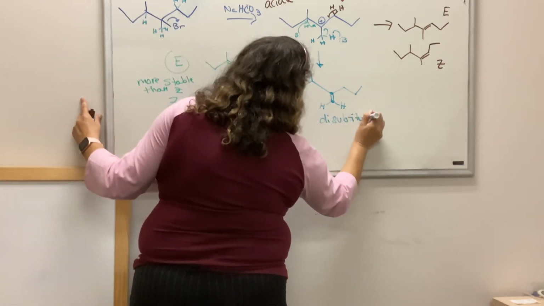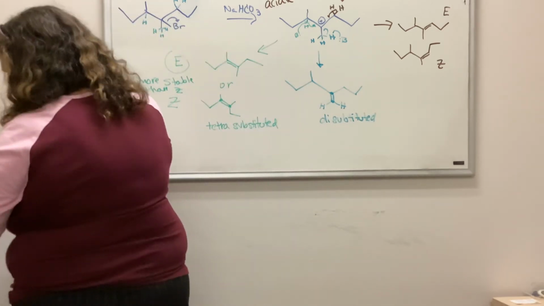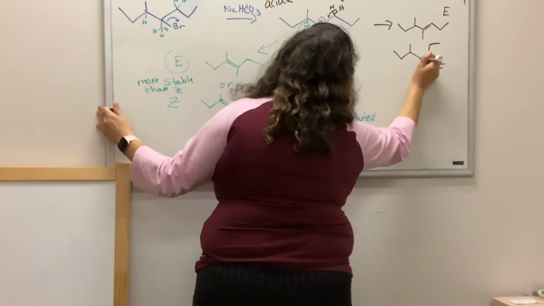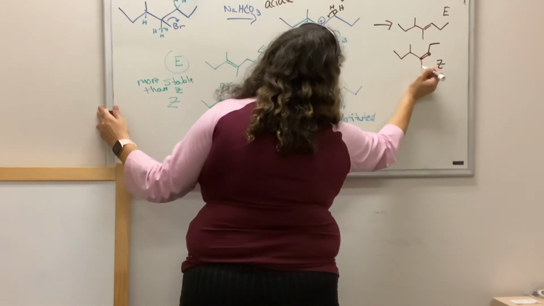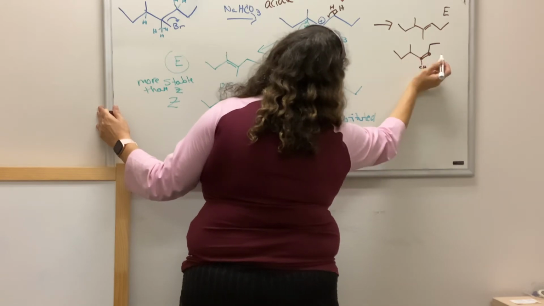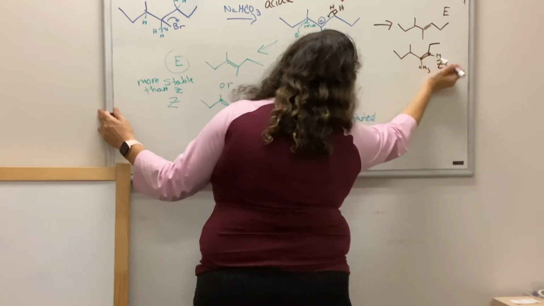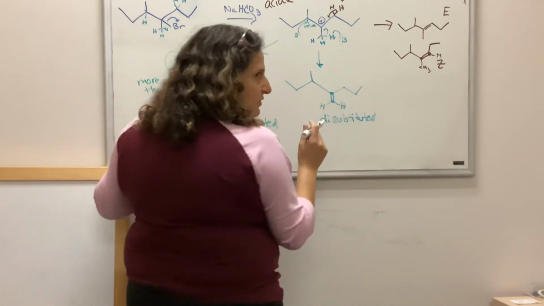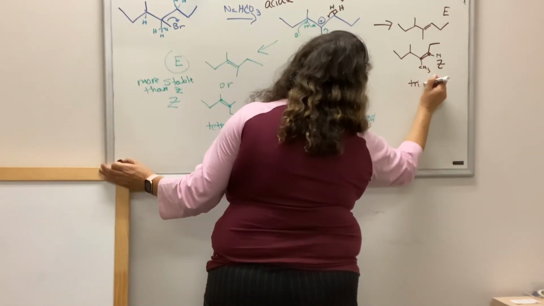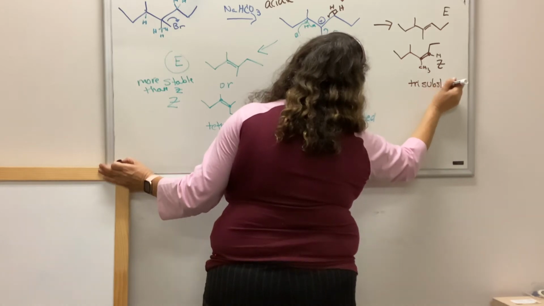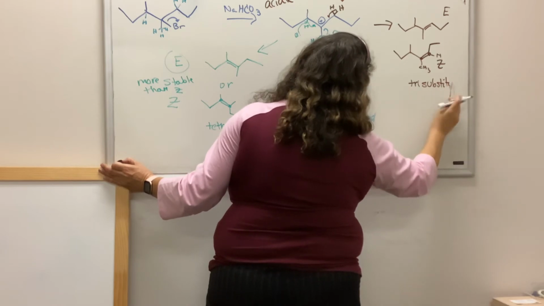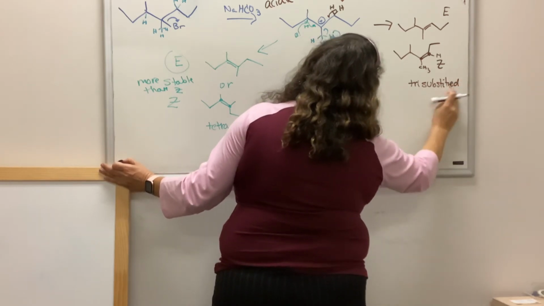And if I look at the brown, and I look at the 2 carbons involved in the alkene, I see I have CH3, this organic, and a hydrogen here. So I don't count the hydrogen in my substitution, I am trisubstituted.